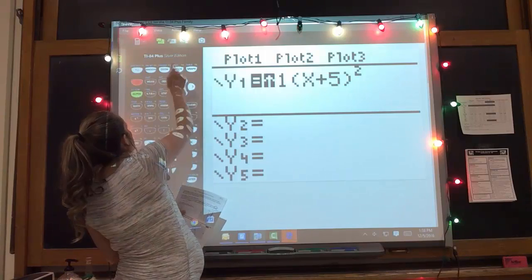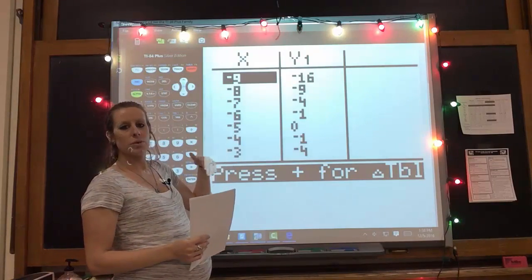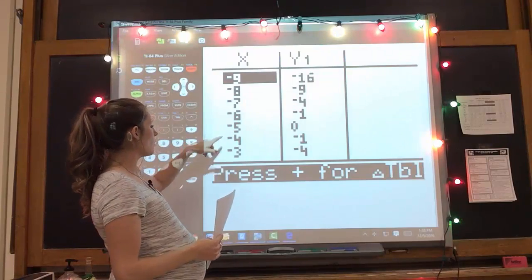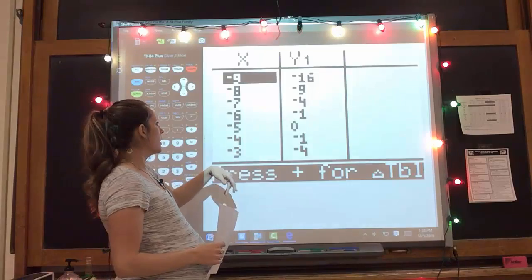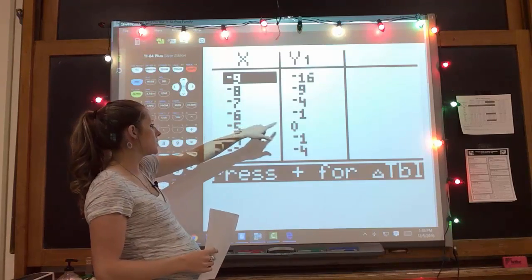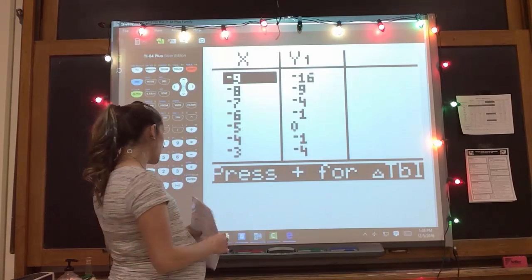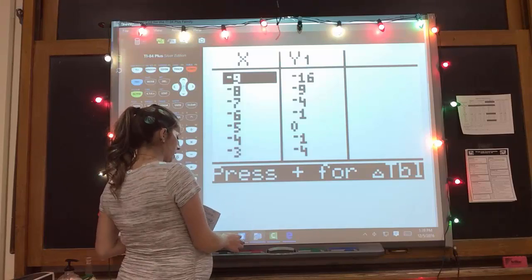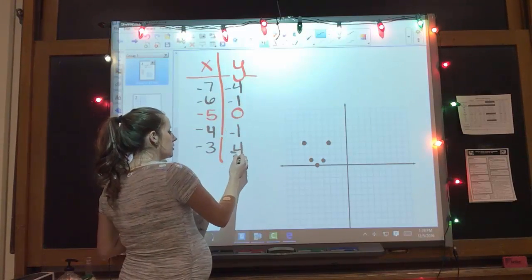So press second graph. And we want to find some points around the vertex. So go up to where you have your vertex at (-5, 0). And we have points like (-7, -4), (-6, -1), (-5, 0), (-4, -1), (-3, -4). So go ahead and fill in your table.